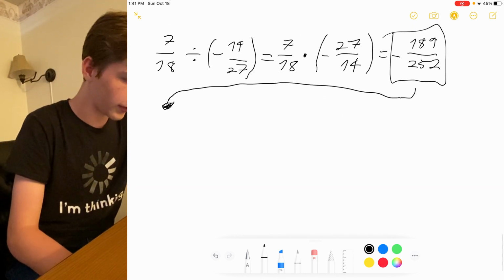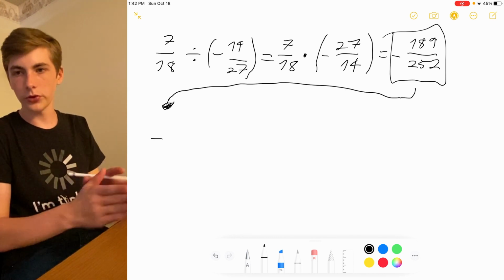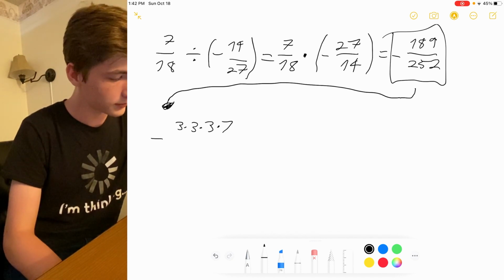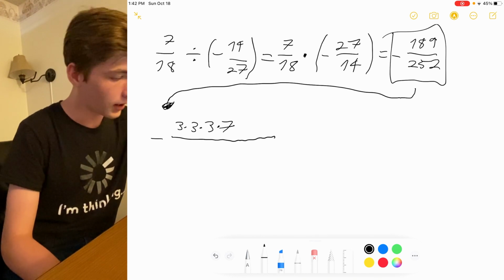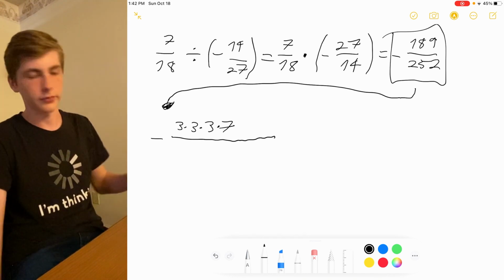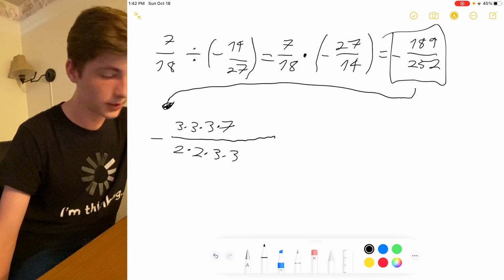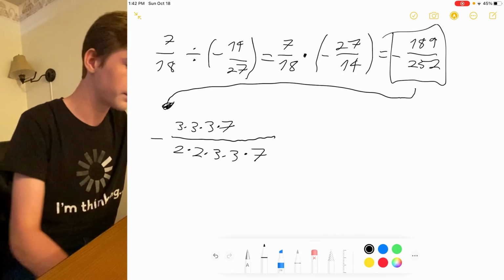So if we simplify that, we're just going to use our same process of factoring it out. So this is going to be 3 times 3 times 3 times 7 for 189. I already have this written out. For the sake of time, I'm just copying from my notes. So 2 times 2 times 3 times 3 times 7 is 252.